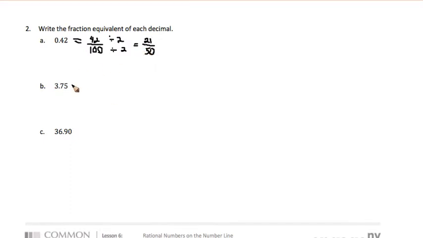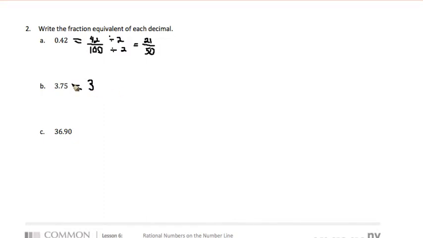The next two examples are going to end up being mixed numbers. And we know that because there is a whole number in front of the decimal point. So that whole number will not change. That will just simply be written.